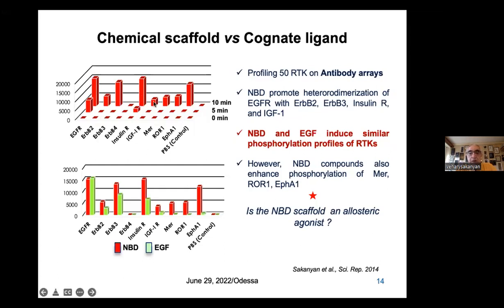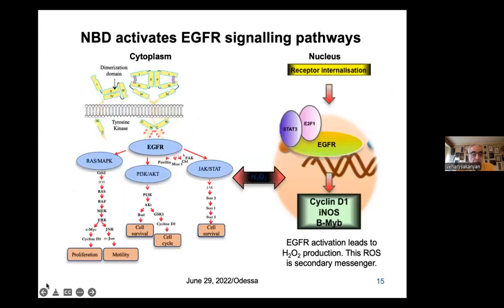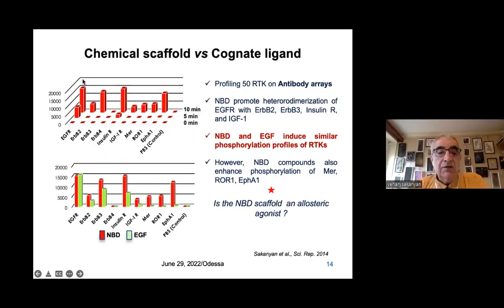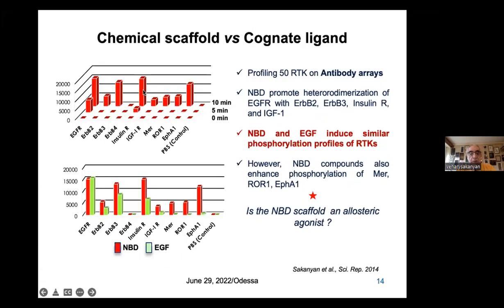In the first slide, we have binding to the NBD compound which was discovered. You see here, first of all, binding to EGFR, and also to some other proteins, including very good binding to the insulin receptor.